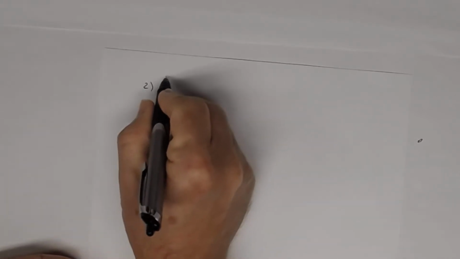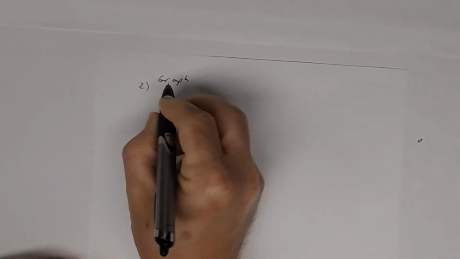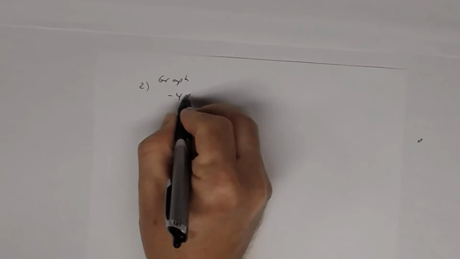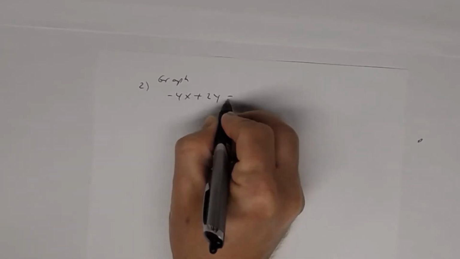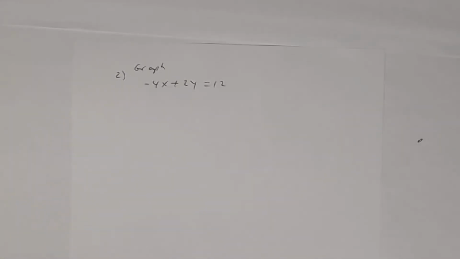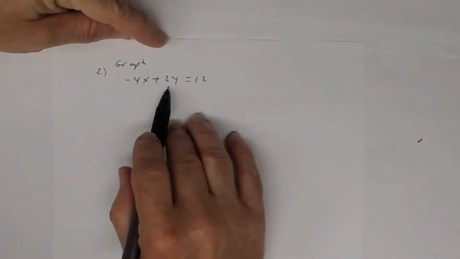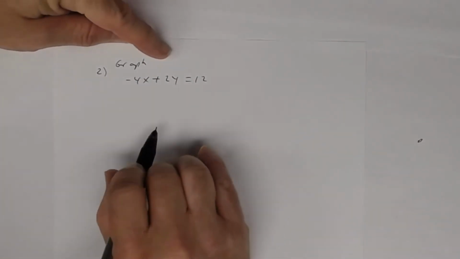So in number 2, we have this equation. We're going to graph negative 4x plus 2y is equal to 12. So I'm going to go ahead and show you how to get y by itself.